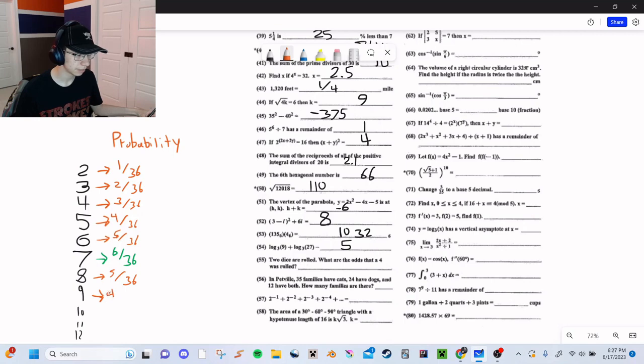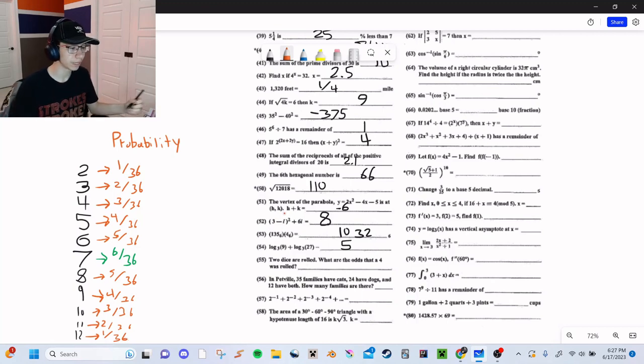A 9 has a 4 out of 36. 10, 3 out of 36. 11, 2 out of 36. And 12, a 1 out of 36. And all of these probabilities added together sum to 1, right? So these are all the total possible probabilities I can have.